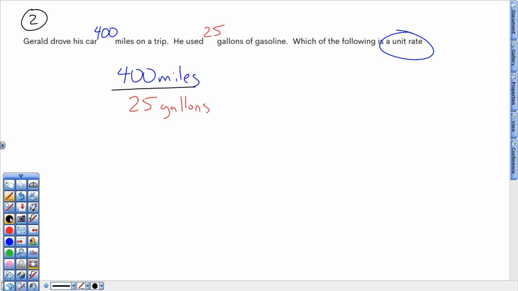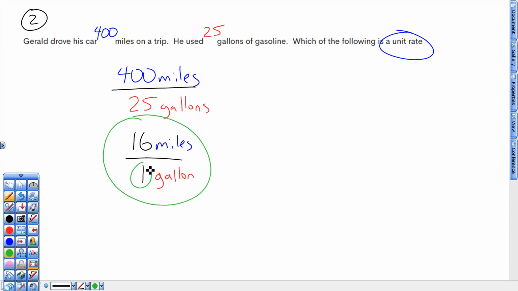And if you use your calculator right, that should spit out, I believe, 16. And then make sure you write that unit, 16 miles for every 1 gallon. That's what that unit rate is. And unit rate is when you get something over that base 1 unit. That's unit rate. All right, next problem, number 3.